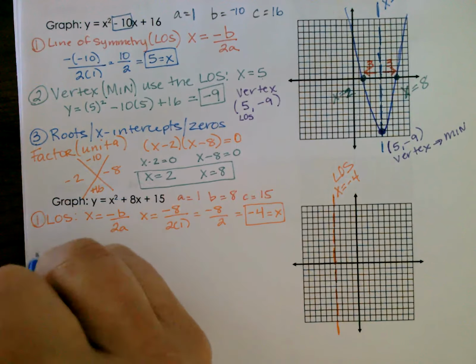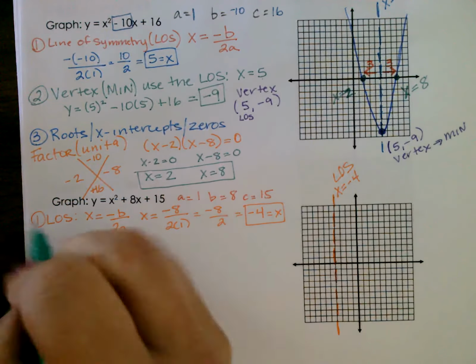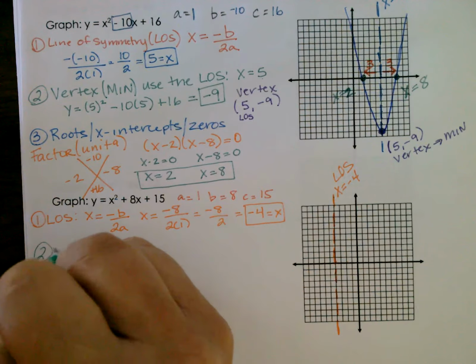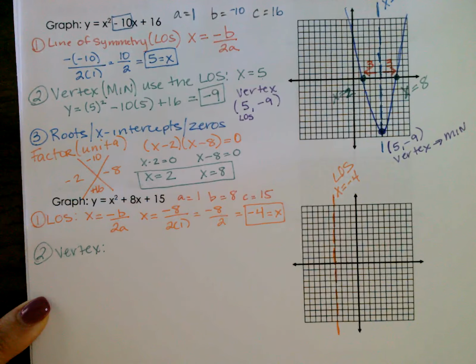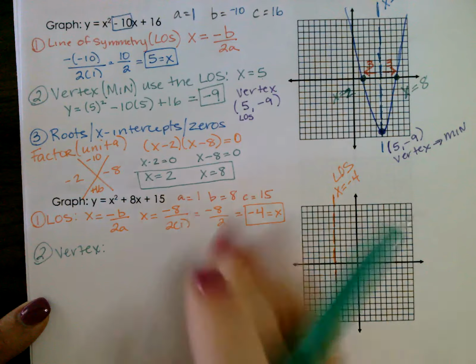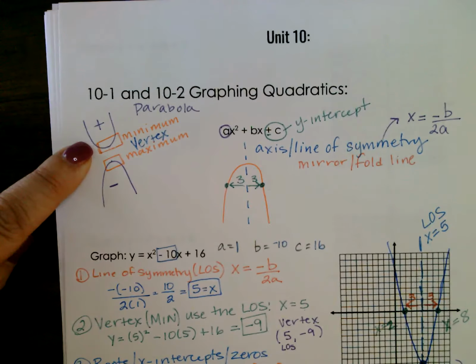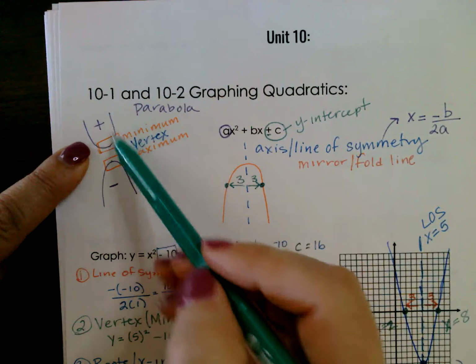Great. Now, trying to keep with the same colors, we will work with our vertex. Will this vertex be a minimum or a maximum? Well, A is positive, so that means we will have a positive smiling parabola.